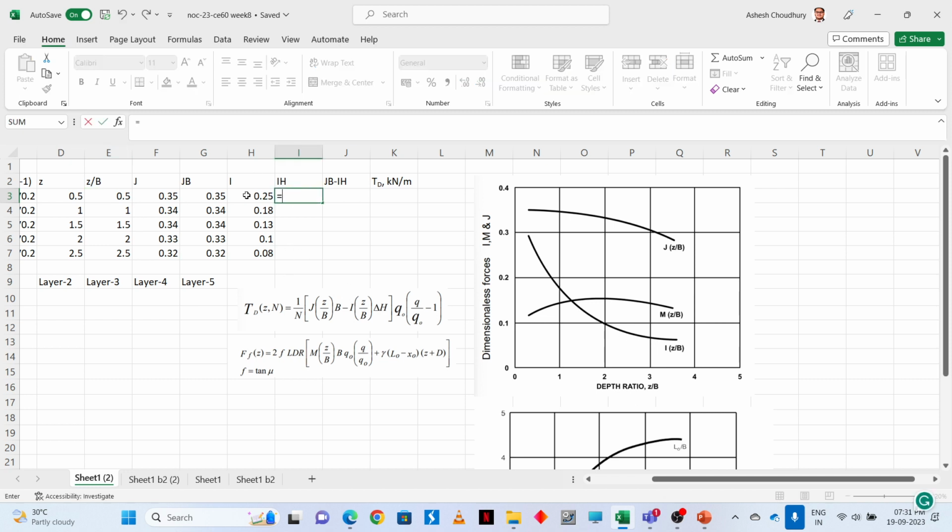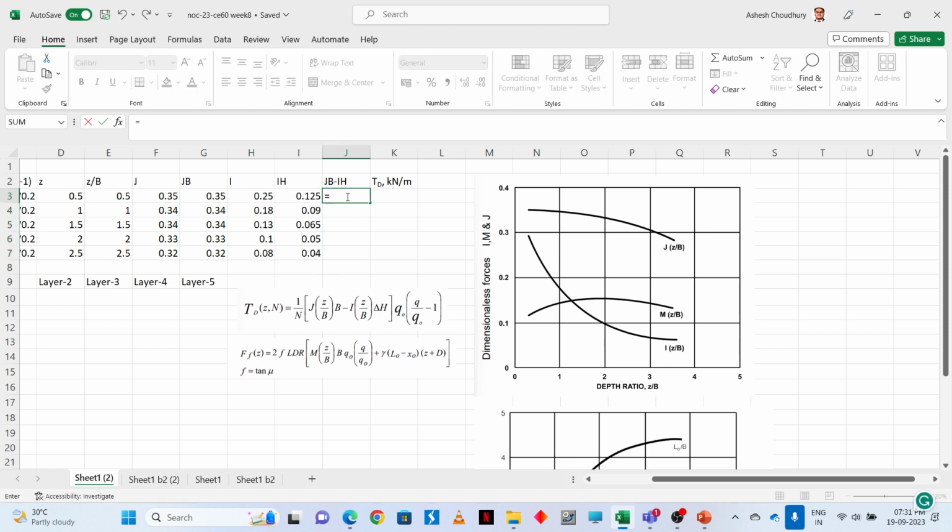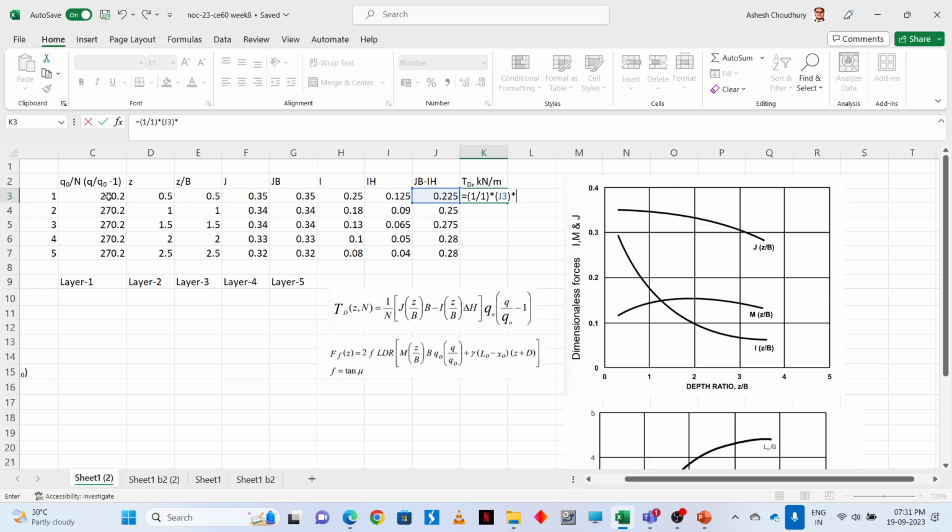Then we have I into H, I times H. What is H? 0.5. Done. Now J times B minus I, JB minus I. We got this. Finally, we put in this expression: for 1 reinforcement, 1 by 1 times JB minus IH, times this Q thing.